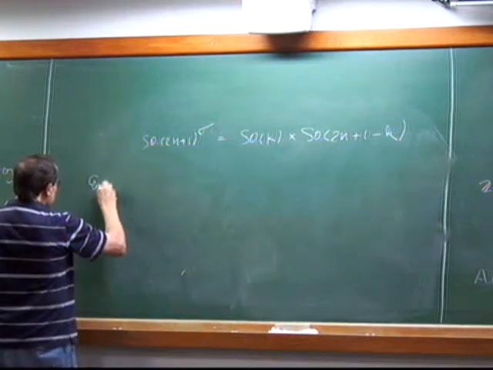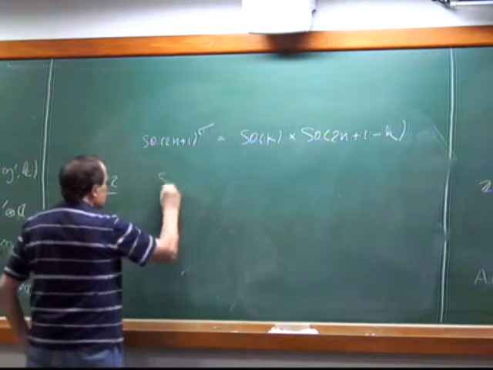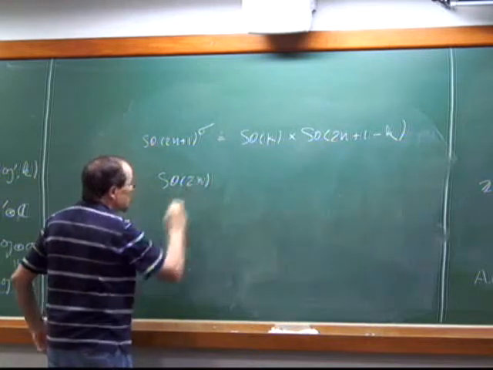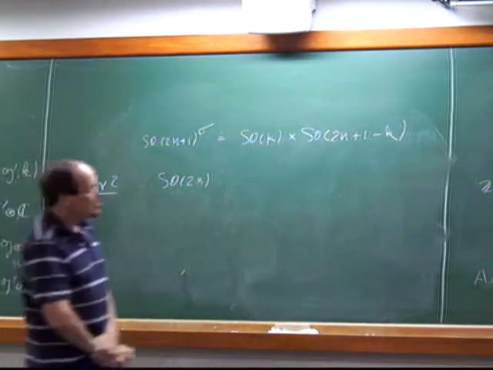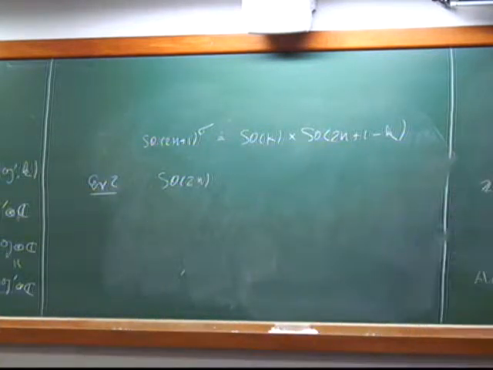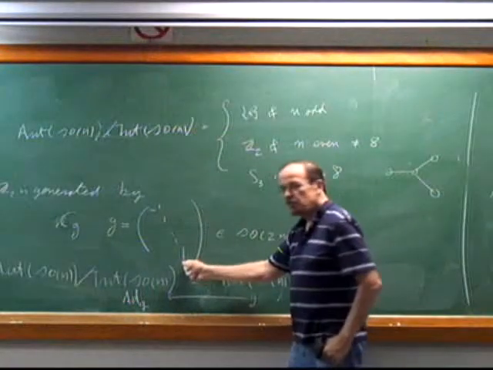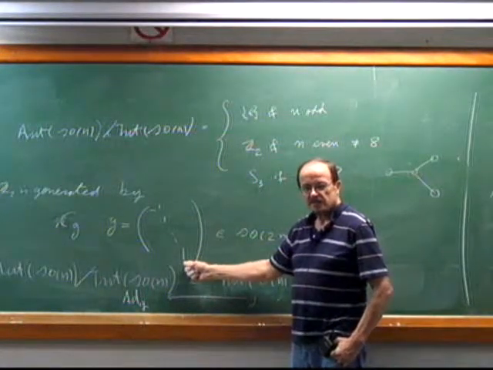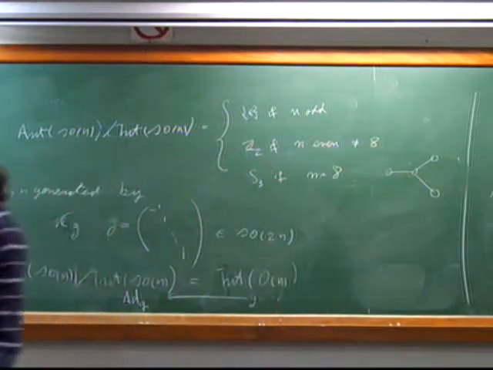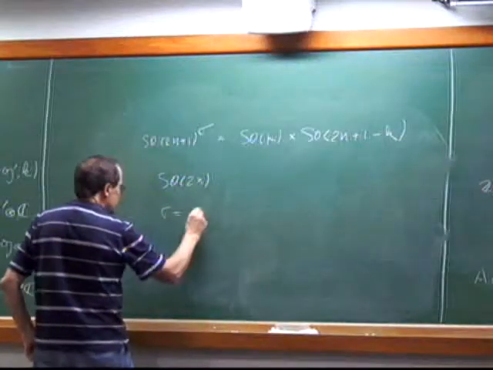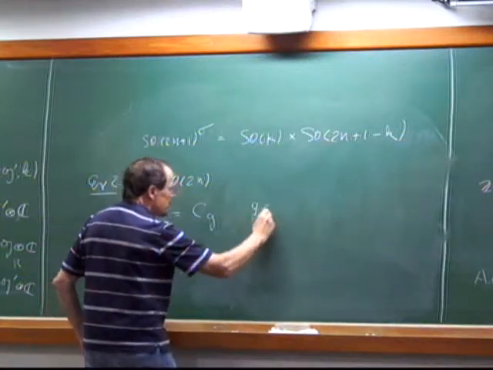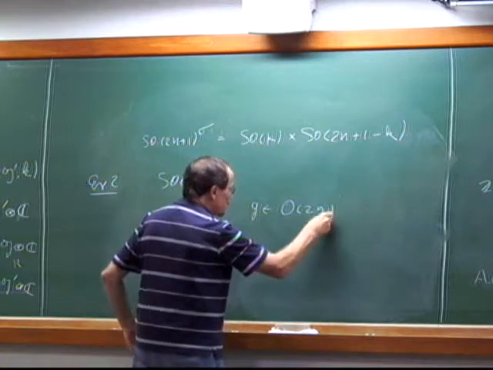Let's do the next example, which is SO(2n). The only complication is it's still conjugation, but the element G could be something like this. So we can still say our involution is conjugation by G, but now G lies in O(2n).